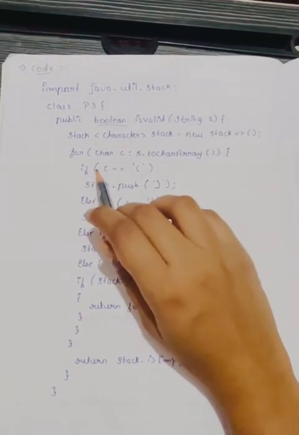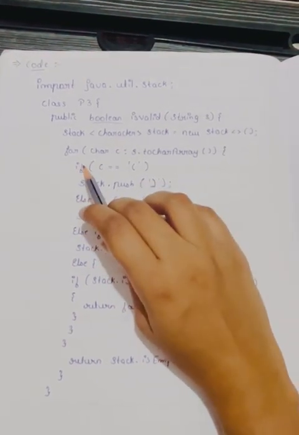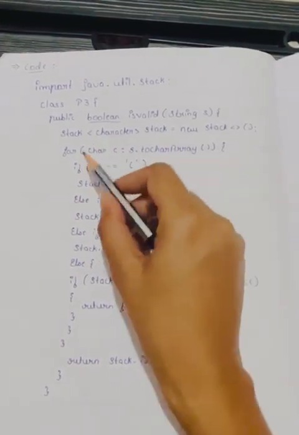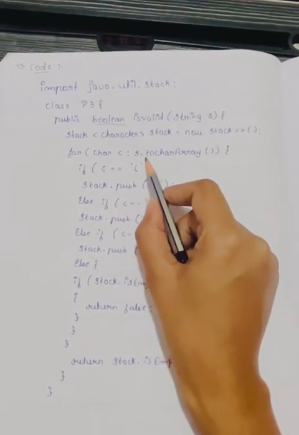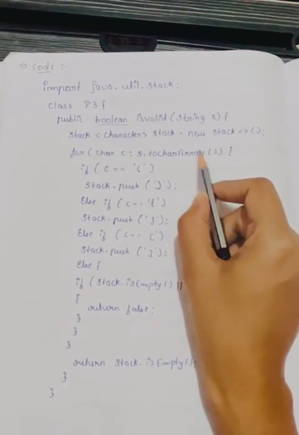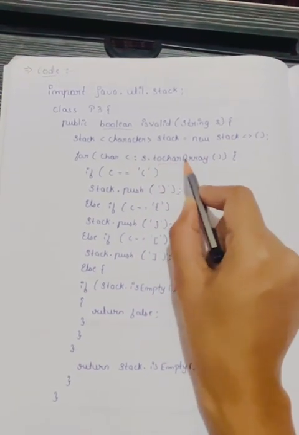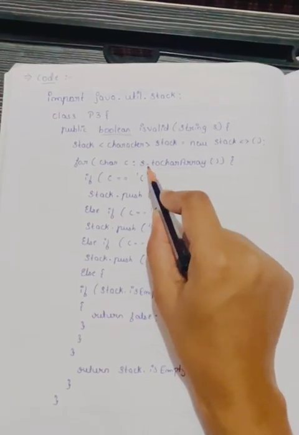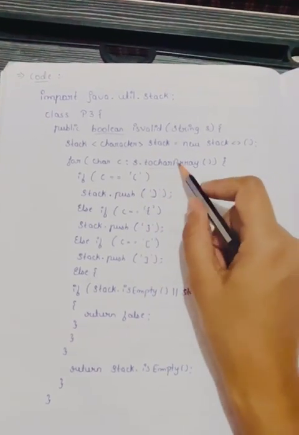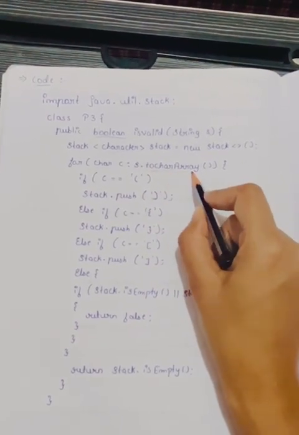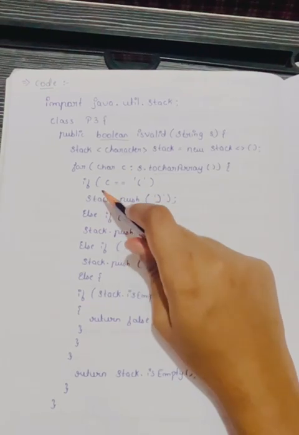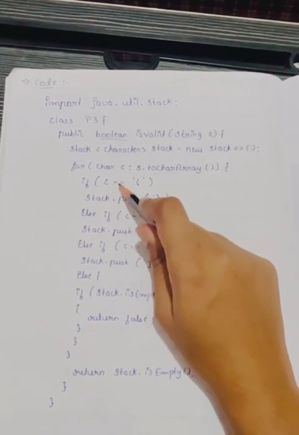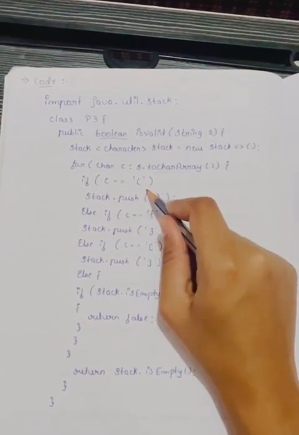Then I'll take one for loop: for (char c : s.toCharArray()). I've used toCharArray, which states that the string is converted to a character array. Then I'll check a condition: if c is equal to an opening parenthesis.